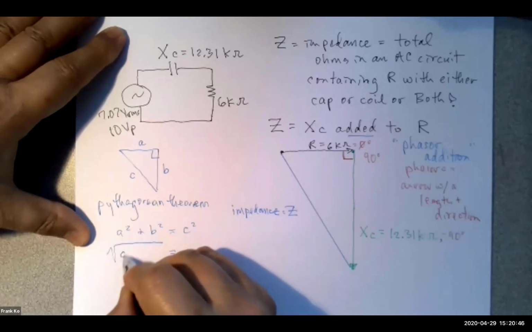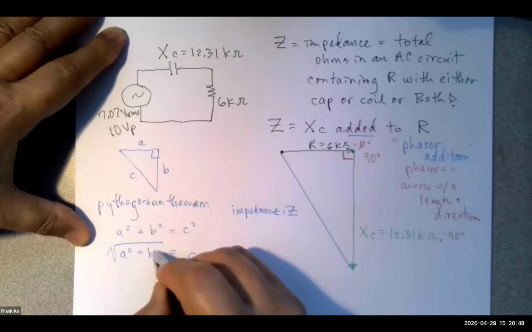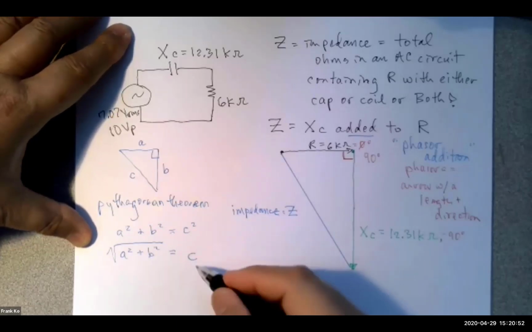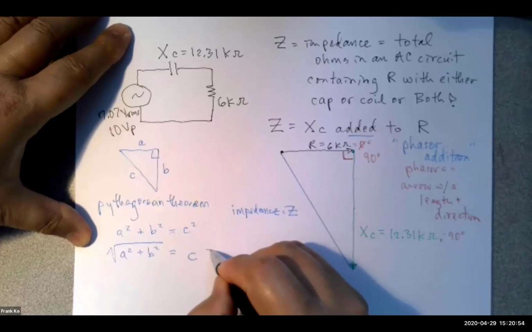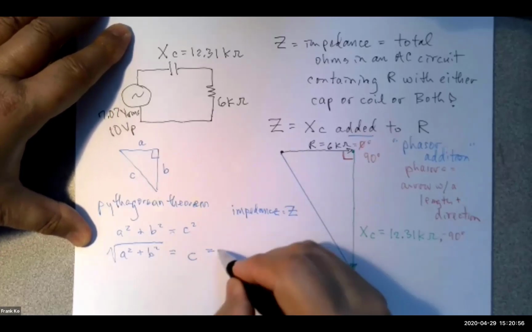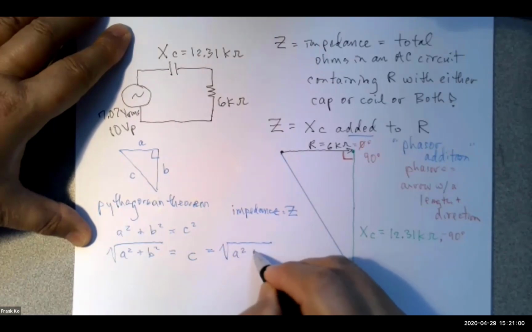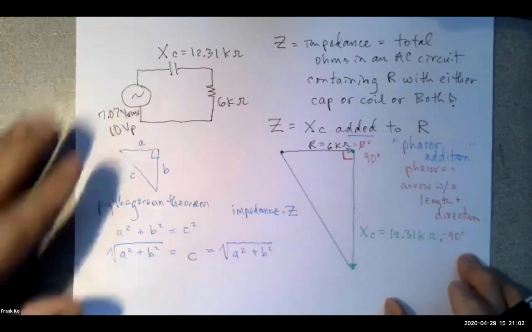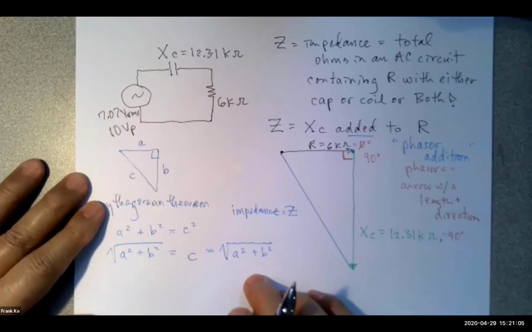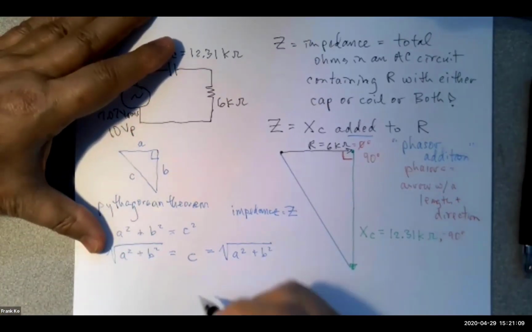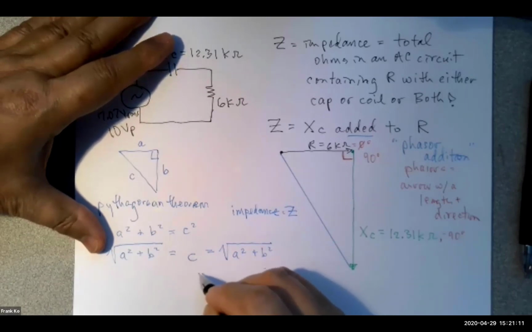Then we put in our A squared plus B squared, and that's equal to C itself. Or if I write it the way equations are usually written, I will start with C, and C is equal to the square root of A squared plus B squared. And does that look a lot like my formula that was shown on the previous page for Z?